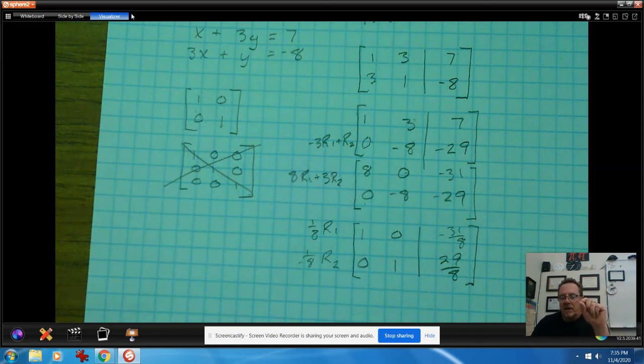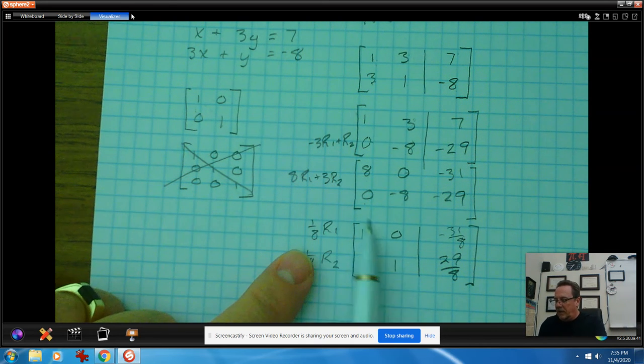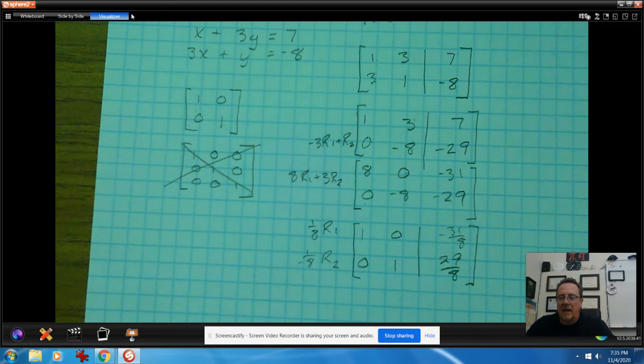I can multiply any row by any number. And that's what I did down here. I multiplied this row by 1/8 and just replaced it. Okay. So I can replace any row with a number times that row.